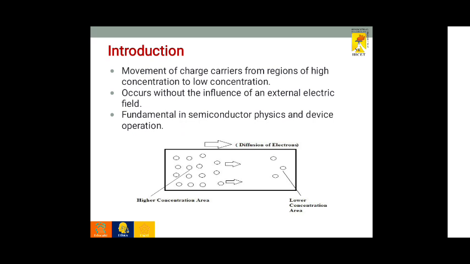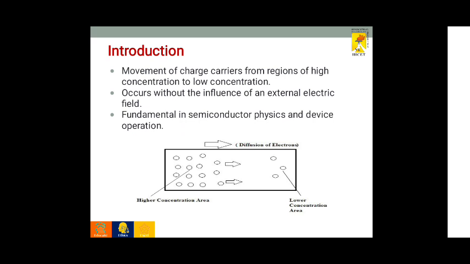Specifically, electrons diffuse from the N side to the P side, and holes diffuse from the P side to the N side. This occurs without the influence of an external electric field or external supply.